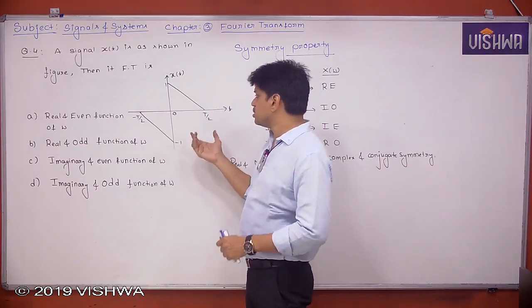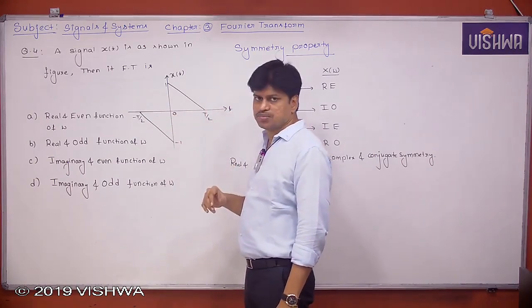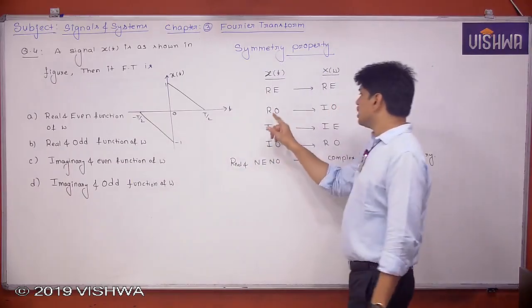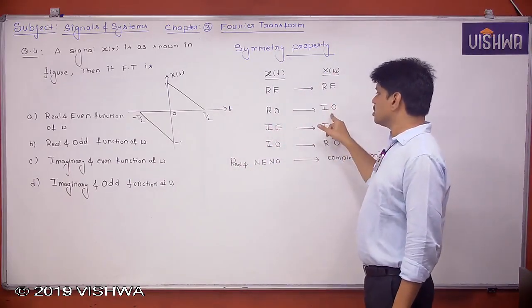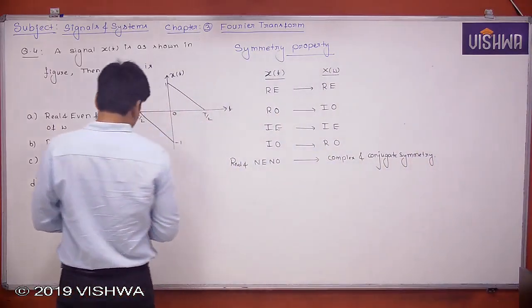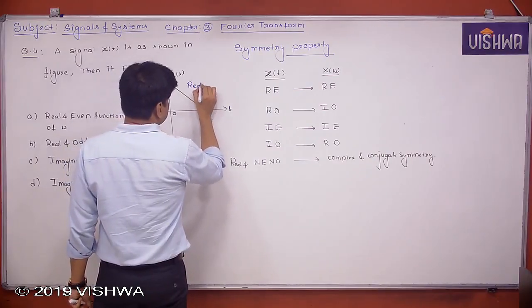That means by folding it, I am getting the negative signal, so it is an odd signal. So I can simply say it is a real and odd signal. If it is a real and odd signal, x of omega must be an imaginary and odd function of omega. I hope you understood. x of t is real and odd.